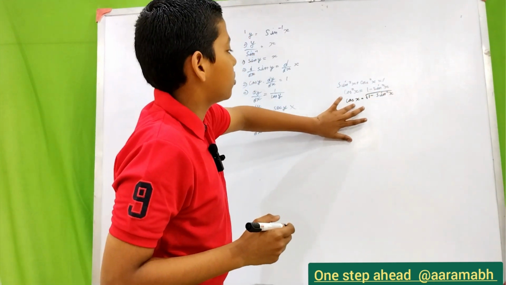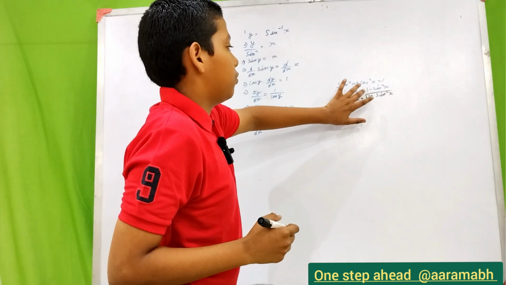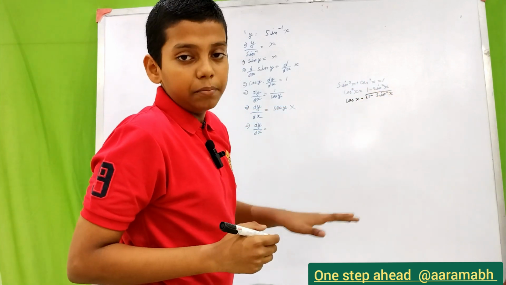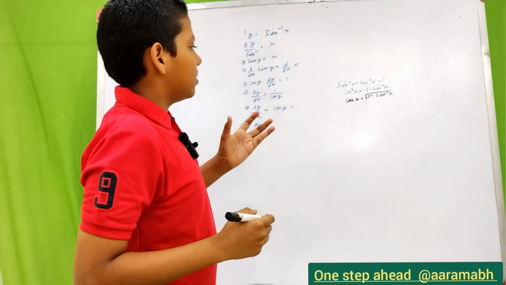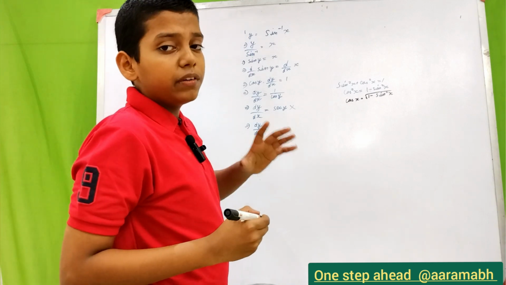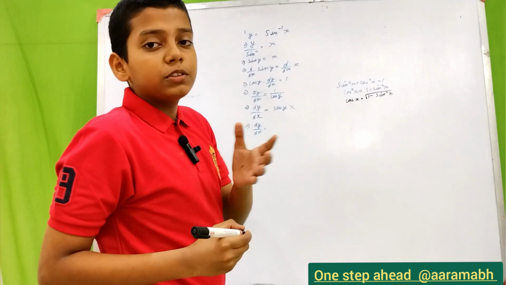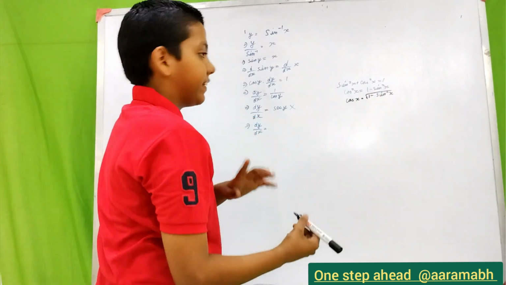And now if we have to find cos x, then we have to take the root over 1 minus sin square x, because it is a theorem. You can take it like Pythagoras theorem: to find h, we do p square plus b square, the whole root over.